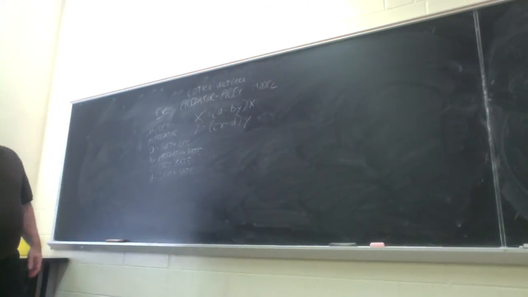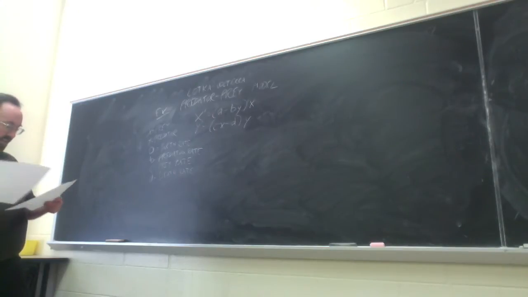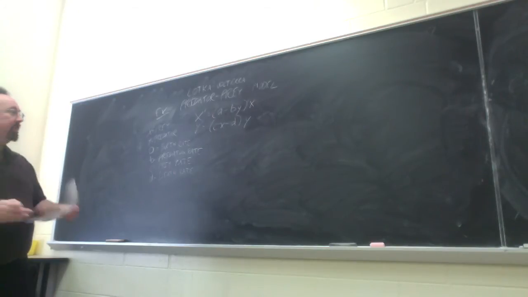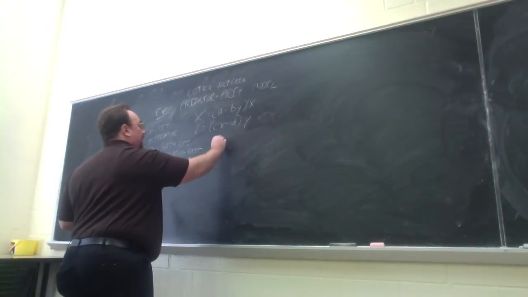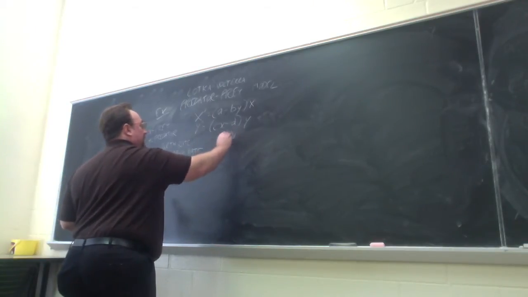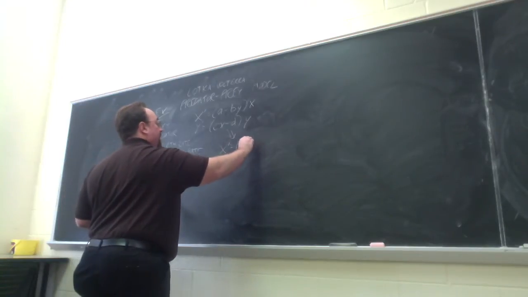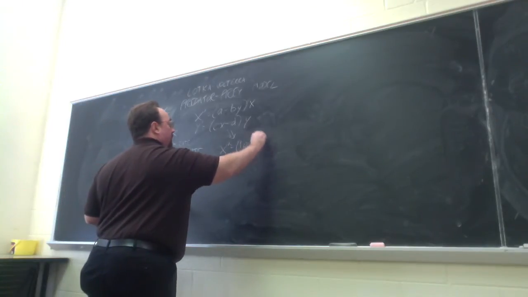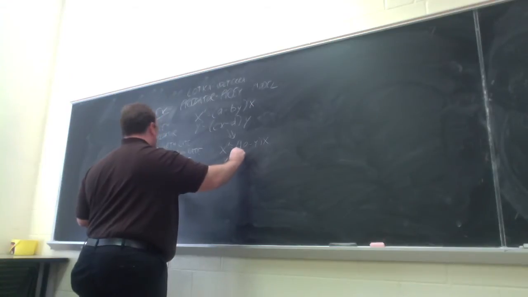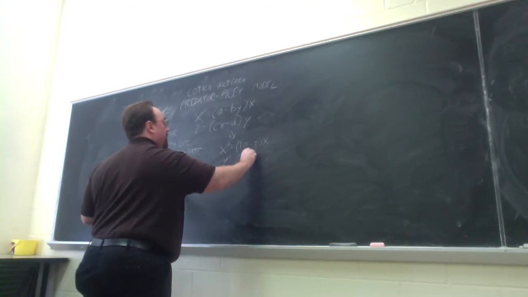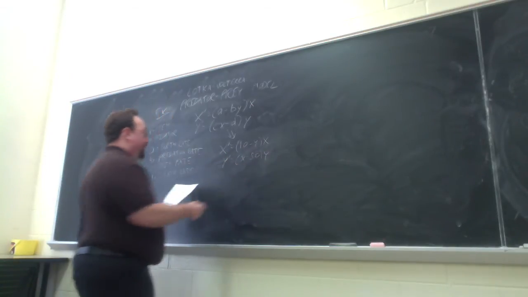Okay. So what we'll do now is we'll take a look at specific values of A, B, C, D, and see what happens. So we'll let x prime equal 10 minus yx, and y prime is x minus 50y.